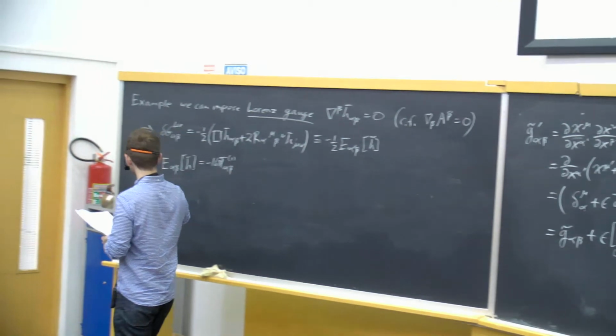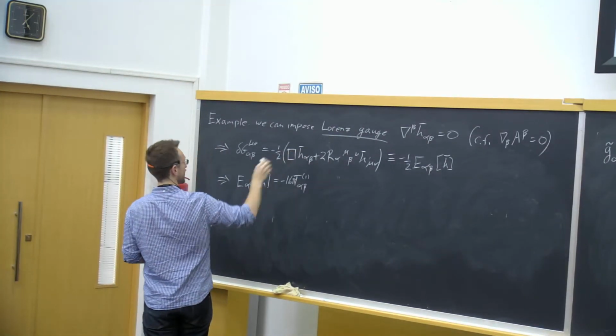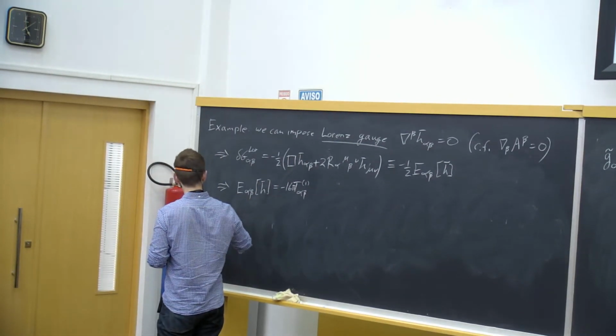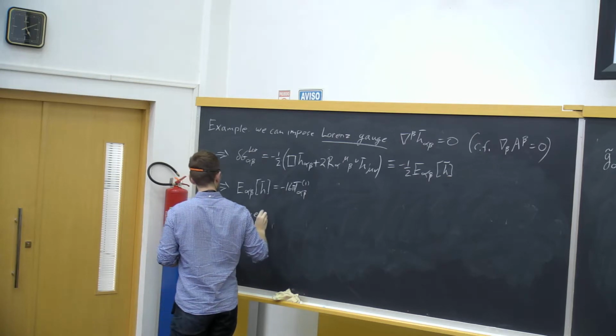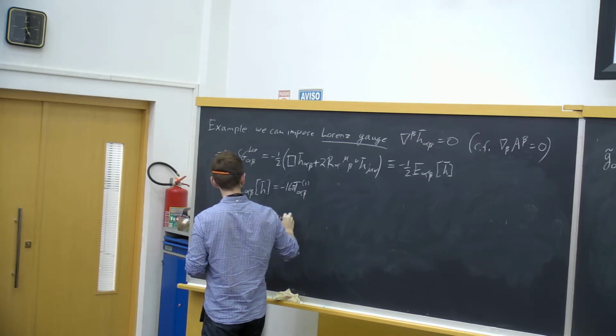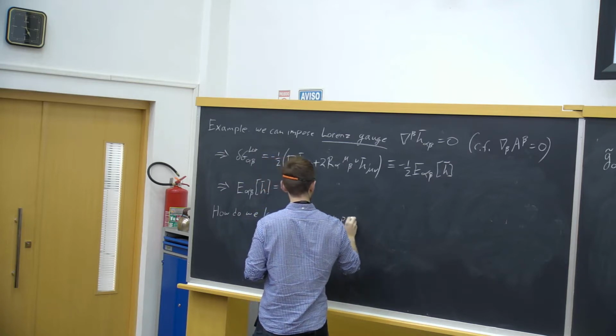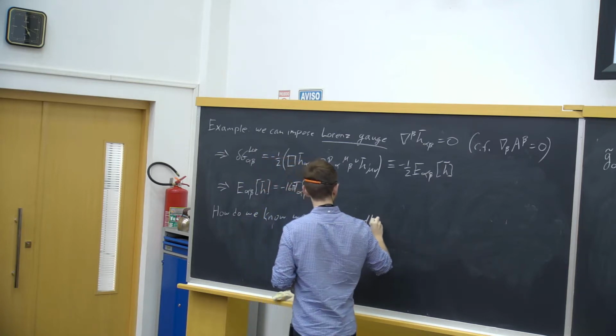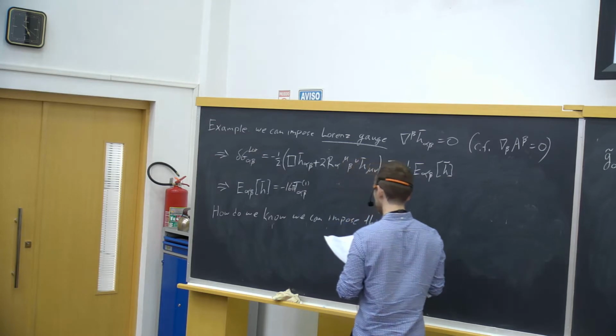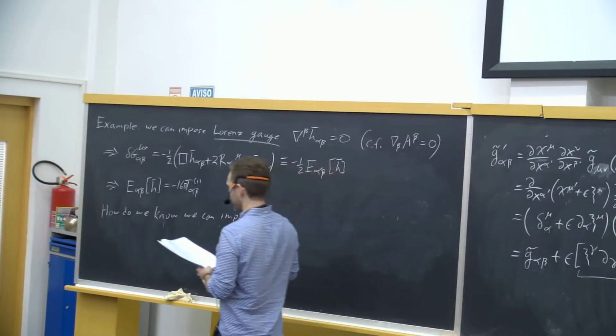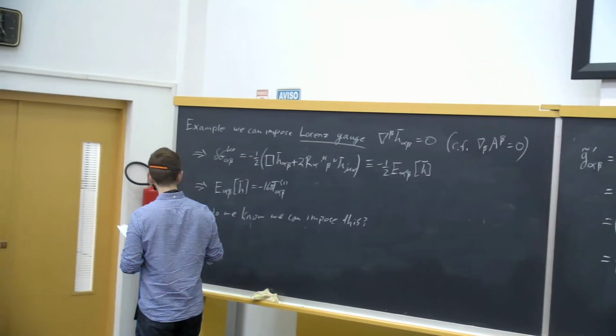Okay, now the question is, how do we know that we can impose this gauge? It's fairly simple to show.